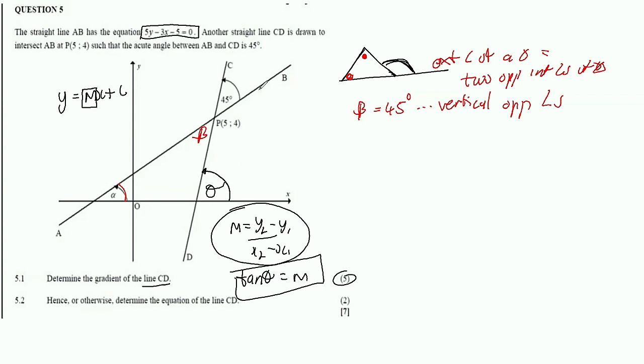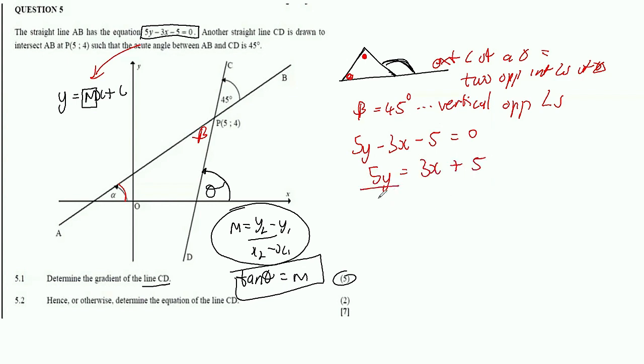The first thing that you'll have to do is make sure that this equation is in the form of y = mx + c. Then that means we go 5y - 3x - 5 = 0. So that means that 5y = 3x + 5.